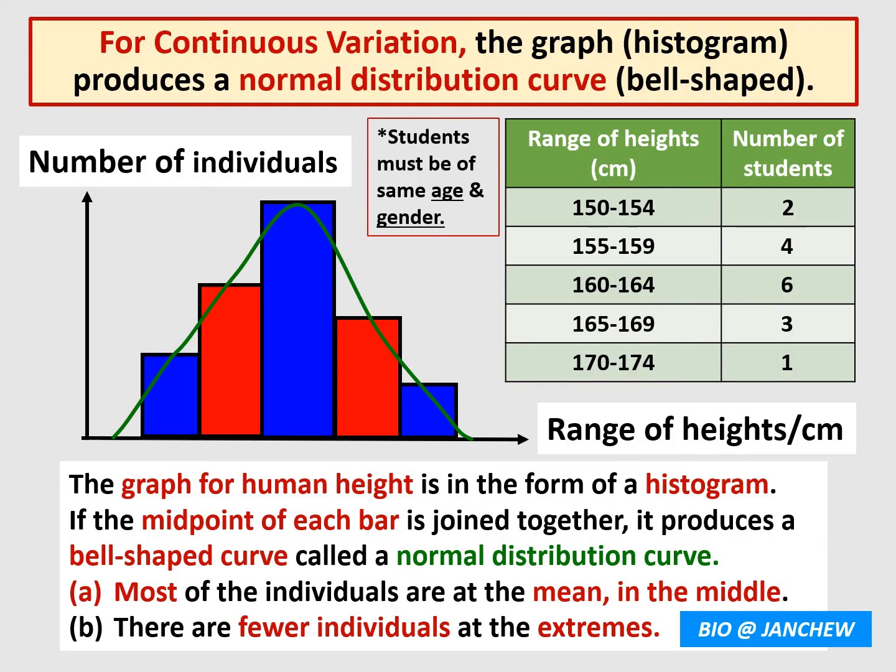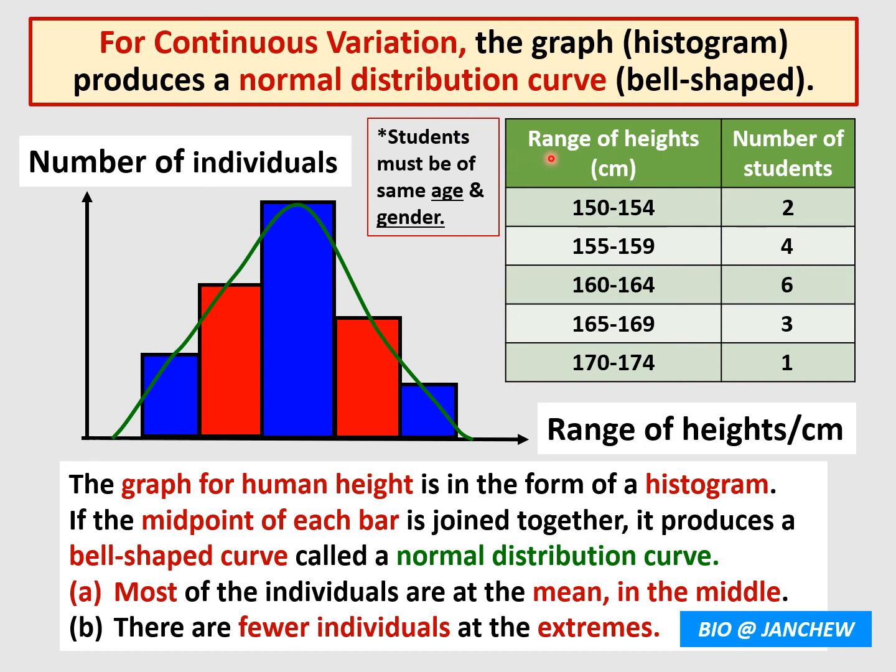Now, what is the graph for a characteristic that shows continuous variation? This type of question can come up for paper 3, where you can be given a set of values for height, for example, and be asked to plot it. Okay, so how do we draw the graph for a characteristic that shows continuous variation?